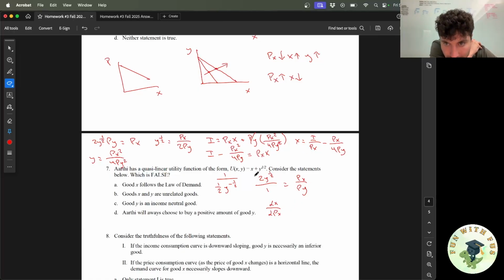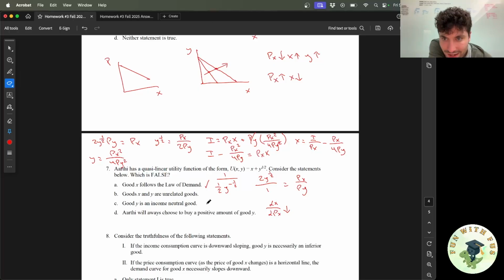If I increased price of x, then this thing becomes smaller, and I'm subtracting a larger number, which would mean that as I increase price of x, this thing decreases. So it's an inverse relationship, so it does follow the law of demand. So this is good. That is not false. That is a true statement.